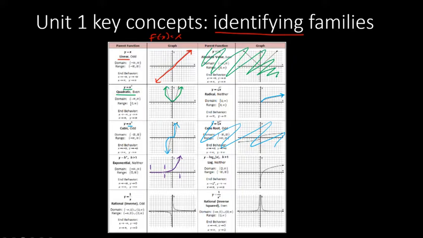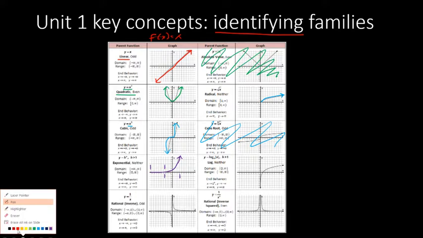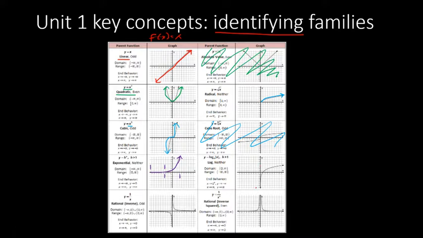A logarithmic function. This would be of the variety, f of x equals log base 10 of x or something like that. You can see we've got this asymptote on the y-axis, and then we've got this growth. Notice that this looks a bit like our square root function.